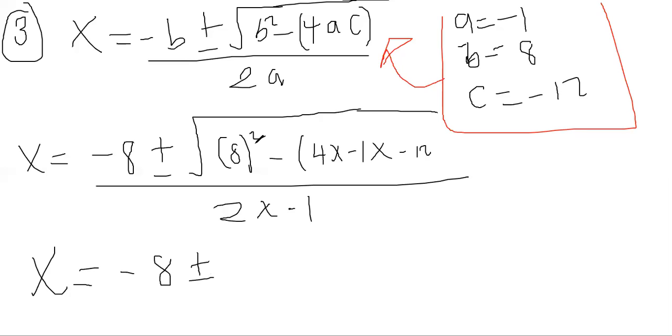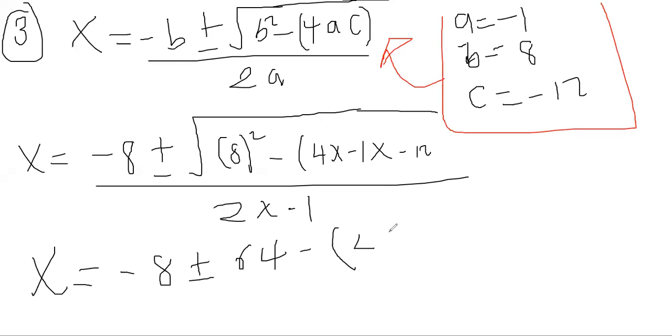So when we do this, we will have 64. 8 times 8 is 64. Then we have 4 times minus 1, that's minus 4. Minus 4 times minus 12 will give us 48.